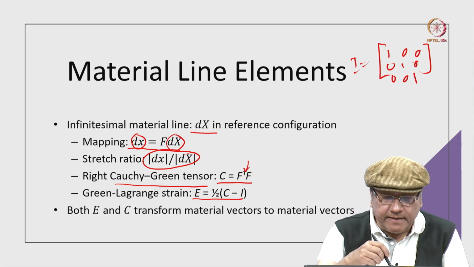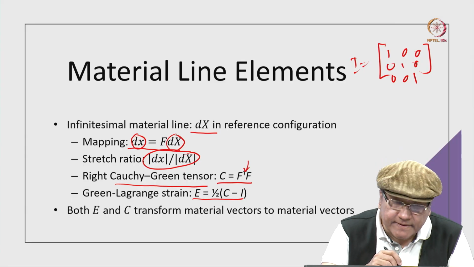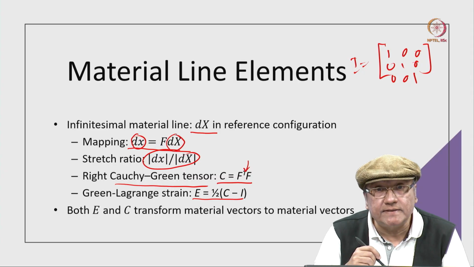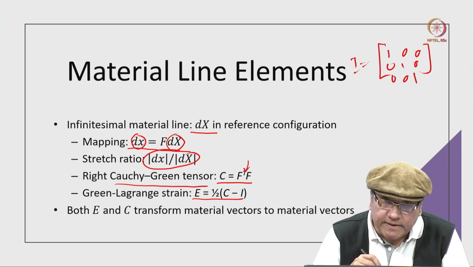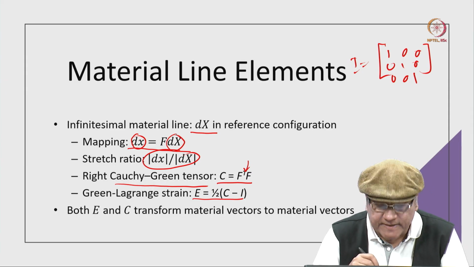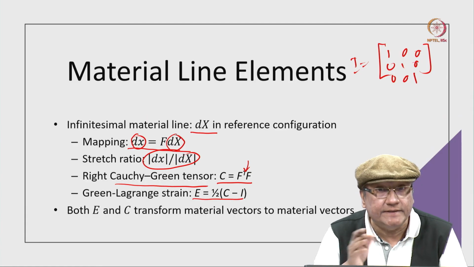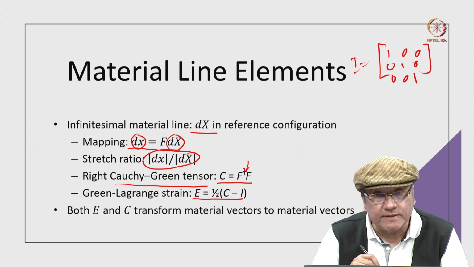So here C acts on a material vector like D capital X, right, and produces another material vector. Why is it so? Because you see how the C is defined. In F transpose F, the first action is that of F from the right. So F acts on a material vector, produces a spatial vector.